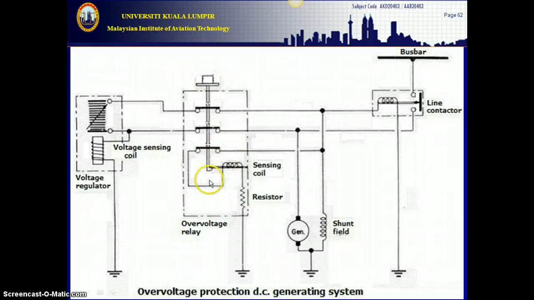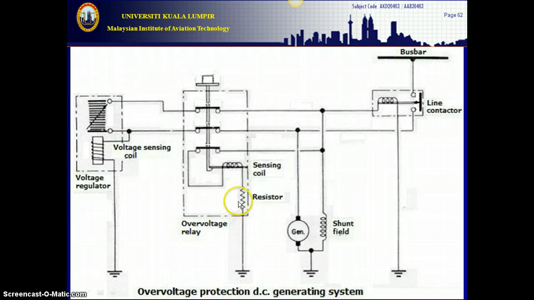You can see the coil is connected in series with the shunt field and also in series with the resistor. Depending on Ohm's law, V equals IR or R equals V over I, the resistance decreases as the current through it is increased. As current becomes higher, the resistance becomes lesser.